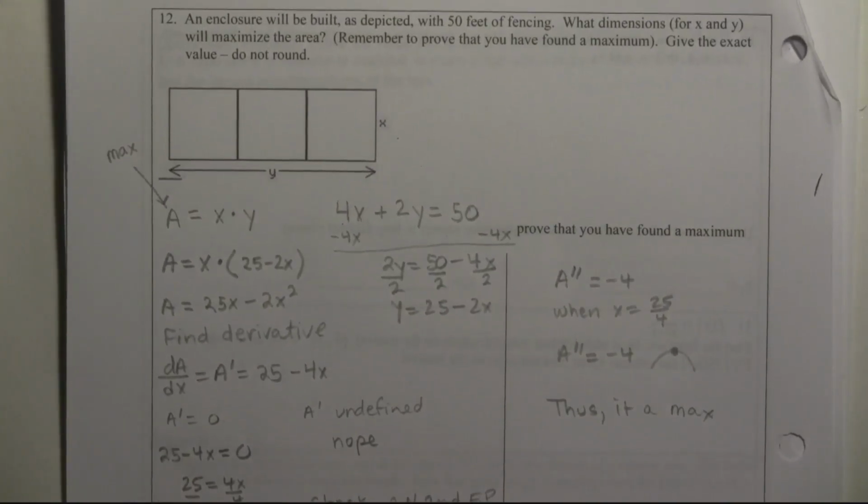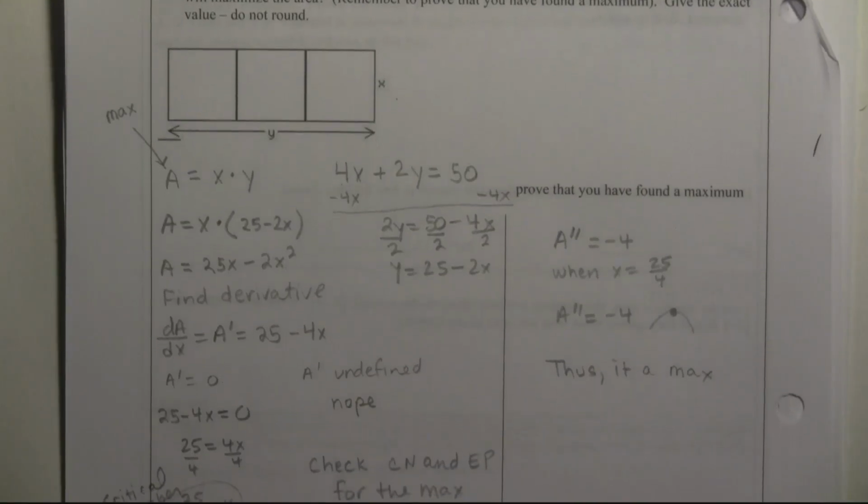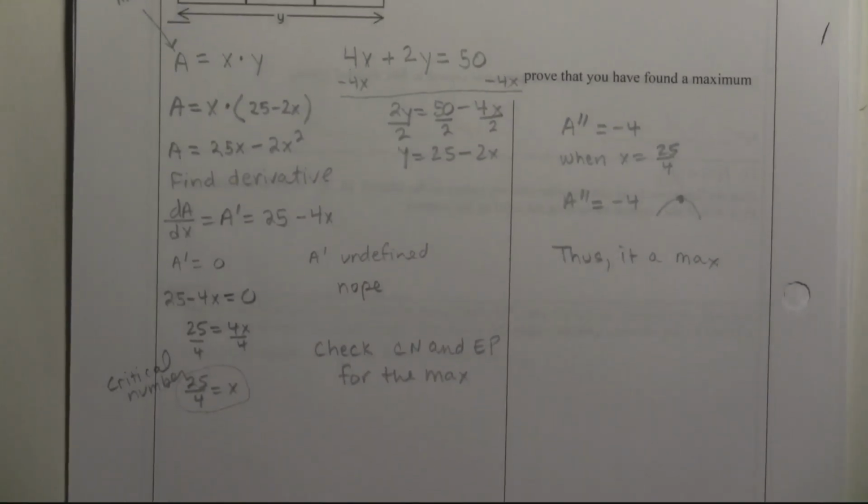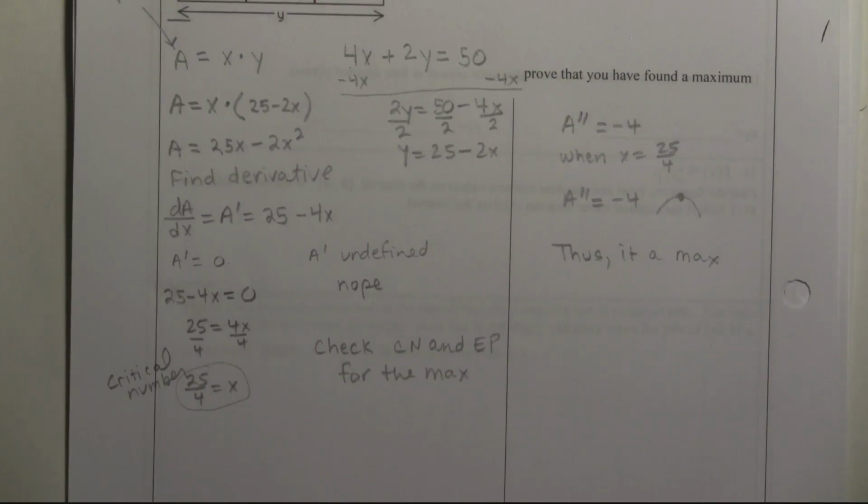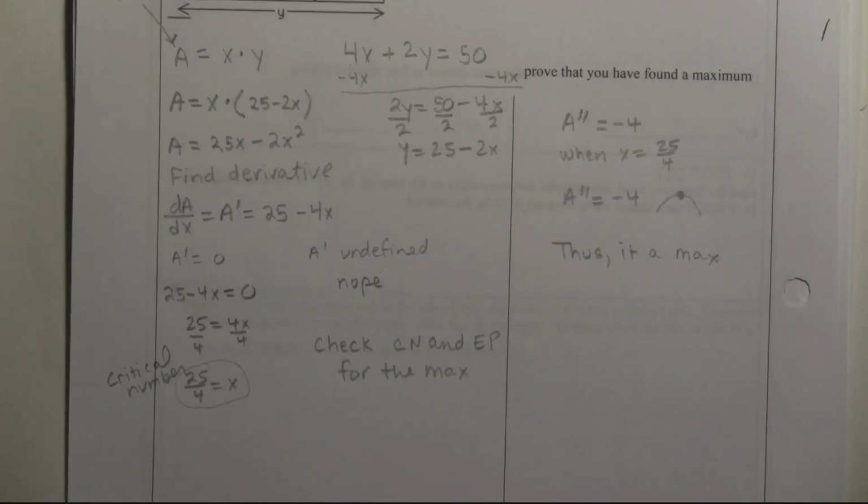So now, some of these problems ask you to find the area, and some of these ask you these pin problems, I call them, ask you to find the dimensions. This one asked me to find the dimensions. So I want to find x and I want to find y. So I have found x here at 25 over 4, and I'm going to find y.